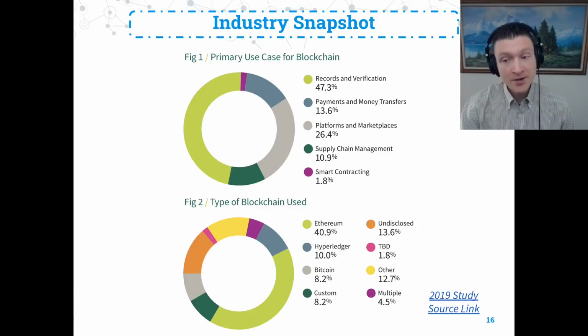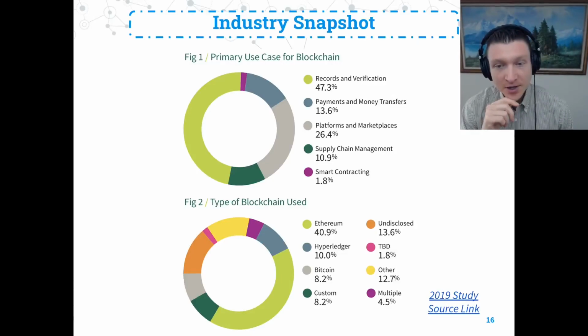But again, as we're moving into 2021 and beyond, there's plenty more applications, especially in the Ethereum space, in that dApp land, as we've talked about in the last modules, that are coming online that are changing this quite substantially. So a little bit out of date, but it gives you a sense of what people are thinking about and the trends in the industry.